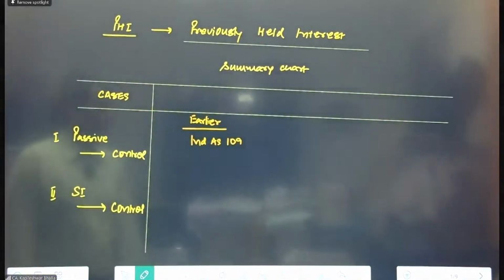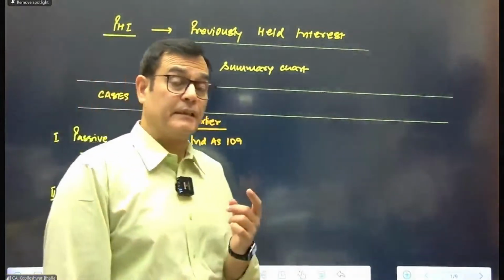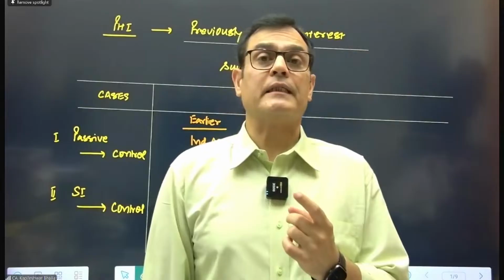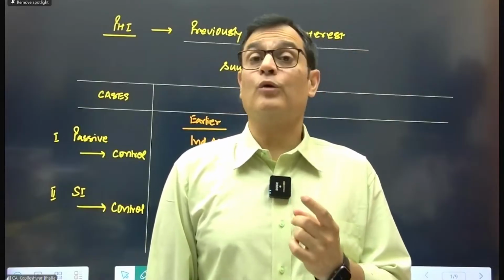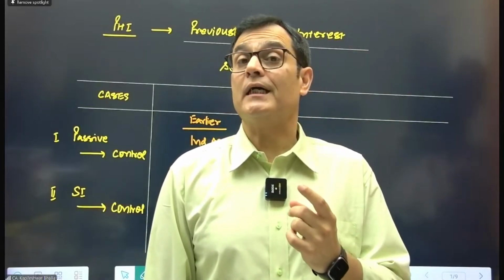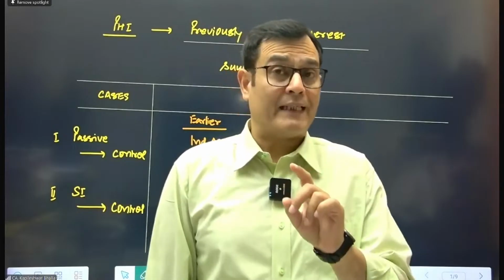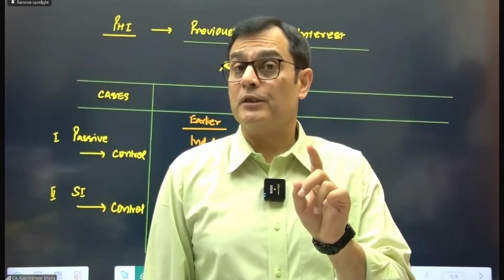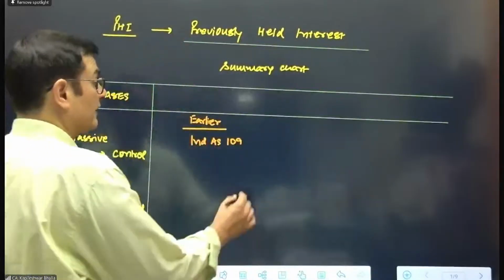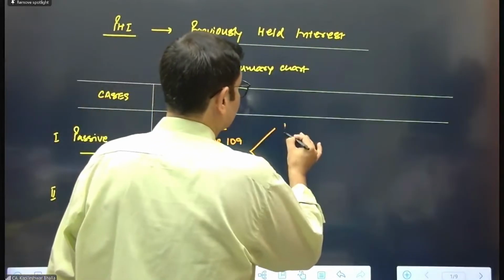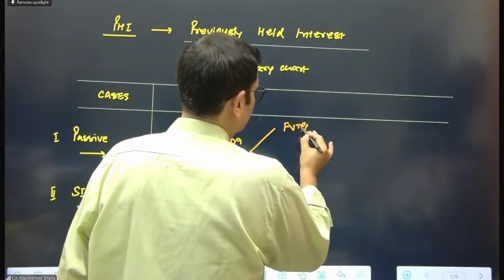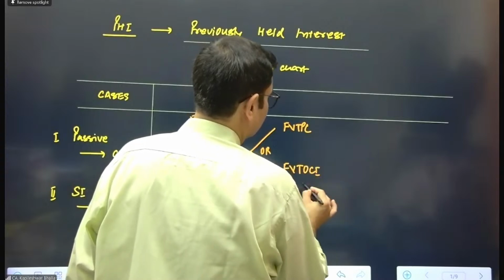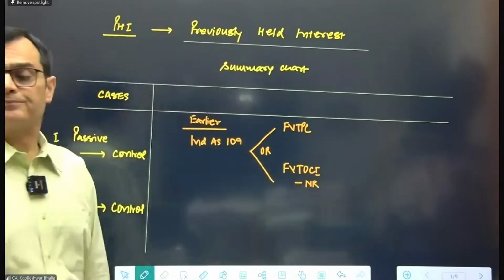I just need to recall that as per Ind AS 109, this equity investment is either accounted at FVTPL or under FVTOCI with no recycling, that is NR. So you need to go back and decide which kind of accounting you were covered under.